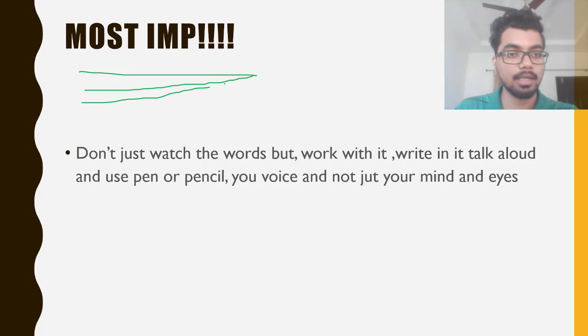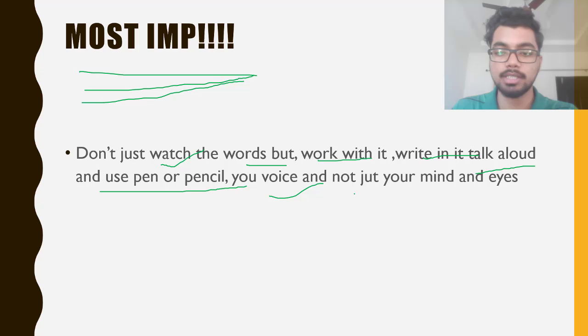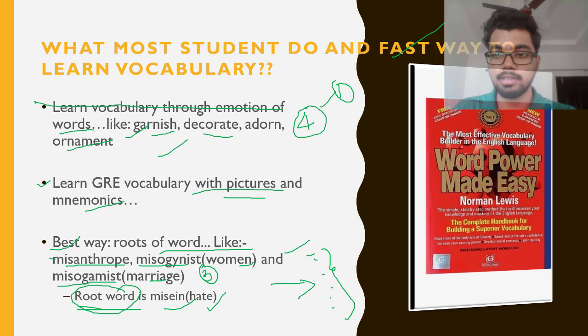The most important thing to learn GRE words is don't just watch the word, but work with it. Write it down and speak aloud, and use your pencil and pen and your voice, not just your mind and eyes. If you purchase any book, like the one I discuss in the next slide, Word Power is one of the best ways to learn words through their roots. If you purchase this book, don't just flip the pages.